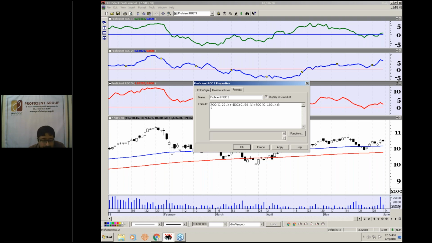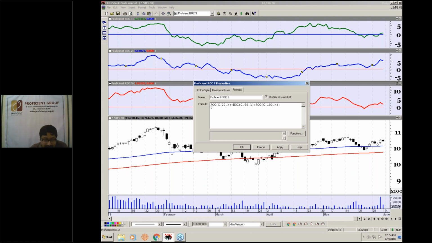whatever we have done so far in this formula, it will give us an equal weightage, right? An equal weightage of all the ROCs, which is not the case in real life. In real life, we want to give more weightage to the long-term ROC, and we want to give least weightage to the short-term ROC, right?